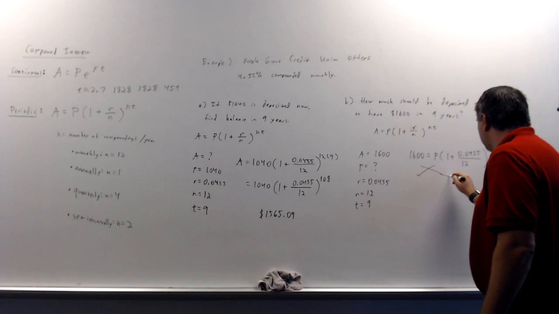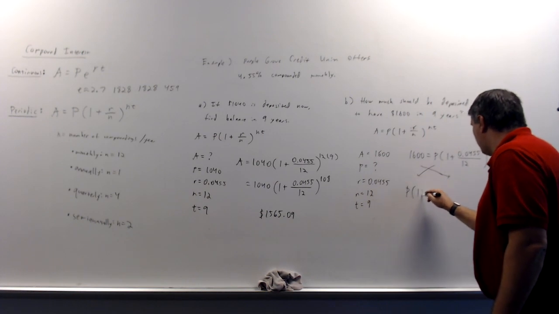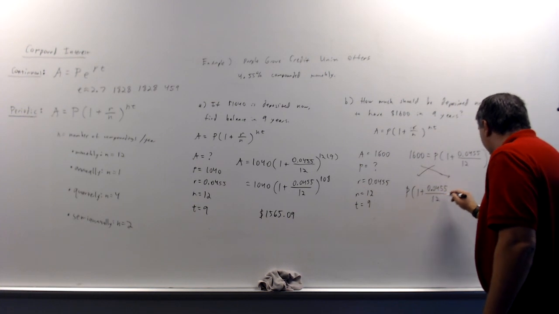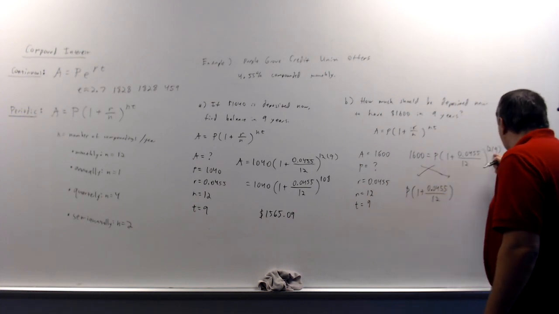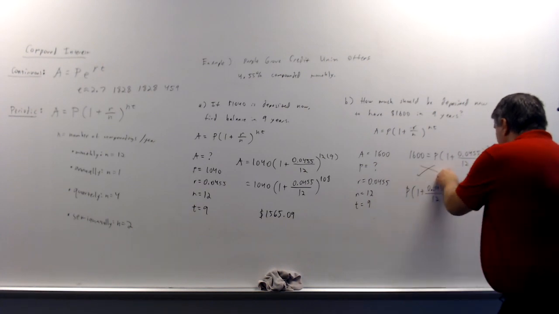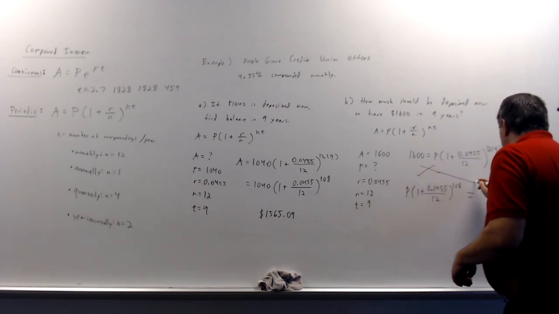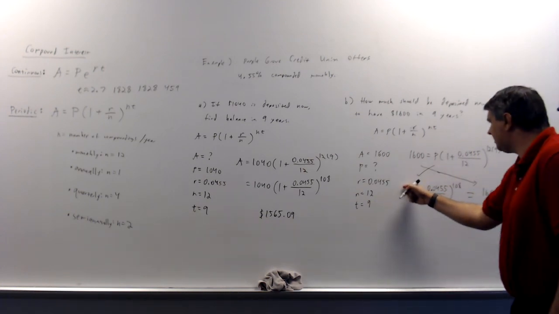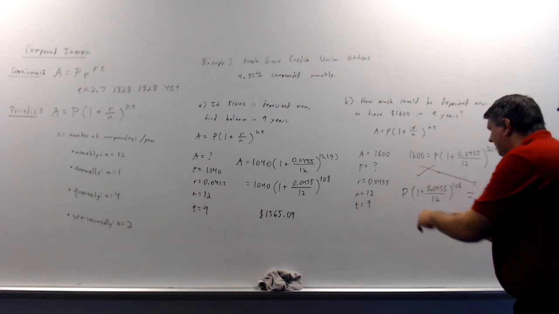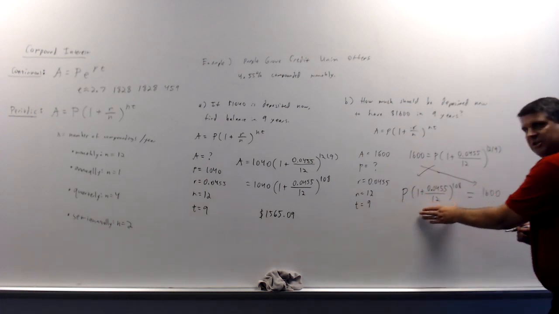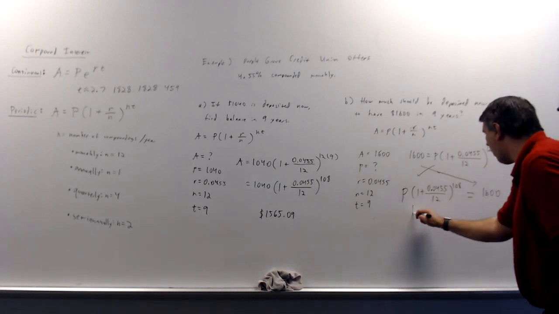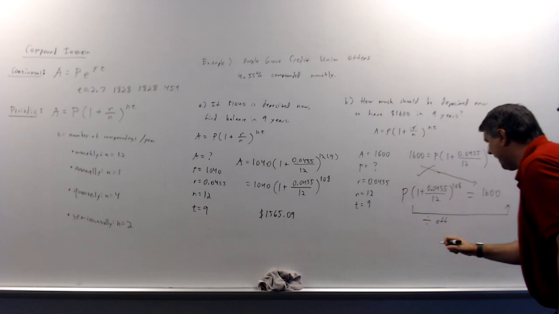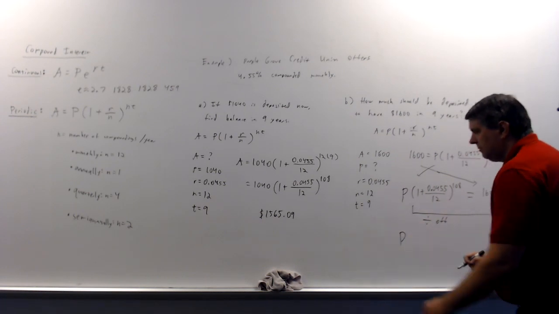So P times 1 plus over 12, that's 108, equals 1,600. My dream is to divide this off, because I got P times a whole bunch of stuff. So I'm going to divide off that whole bunch of stuff.